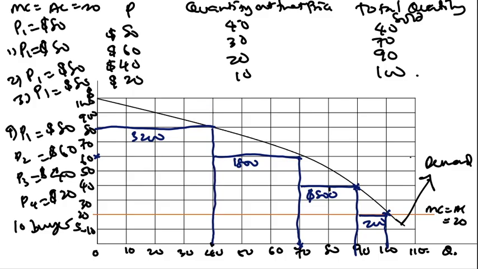Now, when it comes to comparison between one single price and second degree price discrimination in terms of welfare, which one is better? Is it charging a single price or different price levels based on second degree price discrimination?